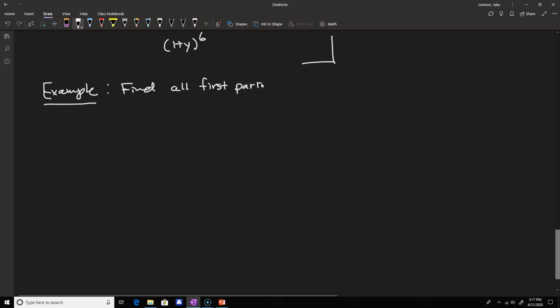That way, if I change the name of the function, I don't have to rewrite the directions. So A, let's suppose we have f of xy equals x squared y squared times x to the fourth plus y to the fourth.